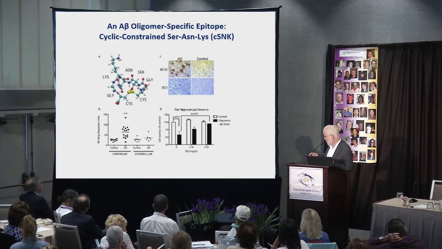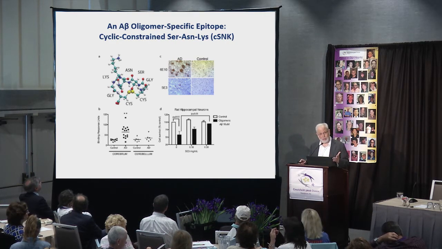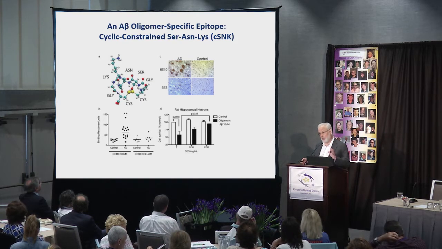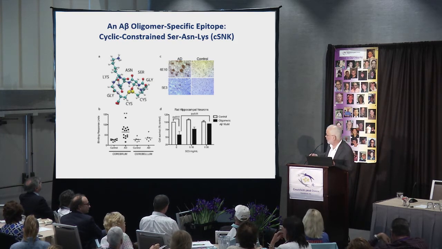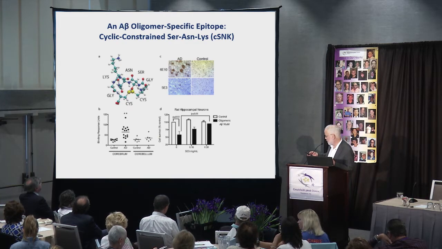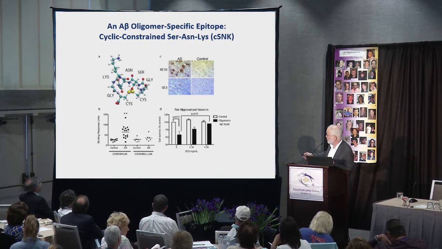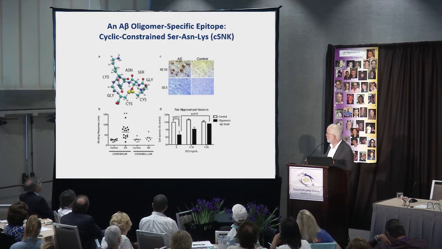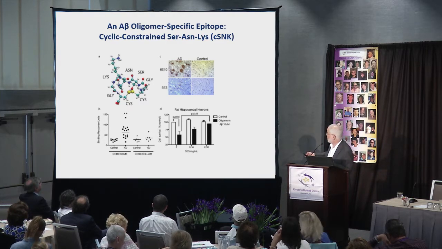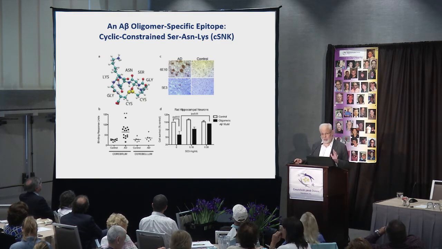So we were able to recognize and raise antibodies against an oligomer-specific epitope. I won't go into the details here, but this is the shape of the oligomer-specific epitope. Antibodies against that do not recognize Alzheimer's plaques, so they don't recognize fibrils.